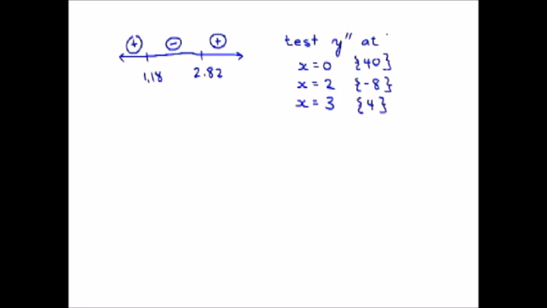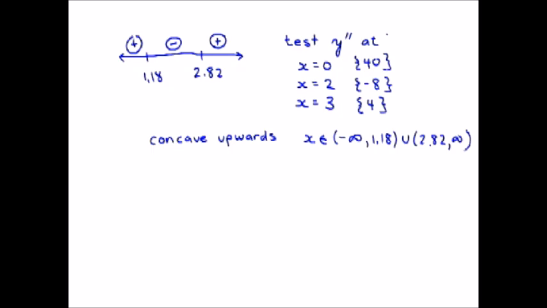Remembering that the second derivative helps us to understand where a function is concave upwards or concave downwards, we can now conclude that the function is concave upwards in the regions from -infinity to 1.18 in union with the region from 2.82 to infinity.